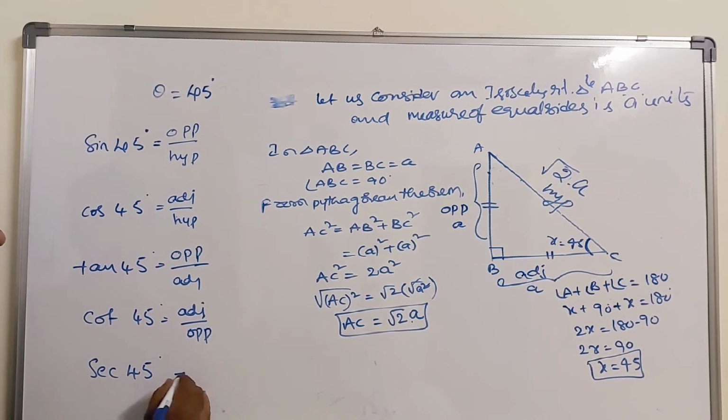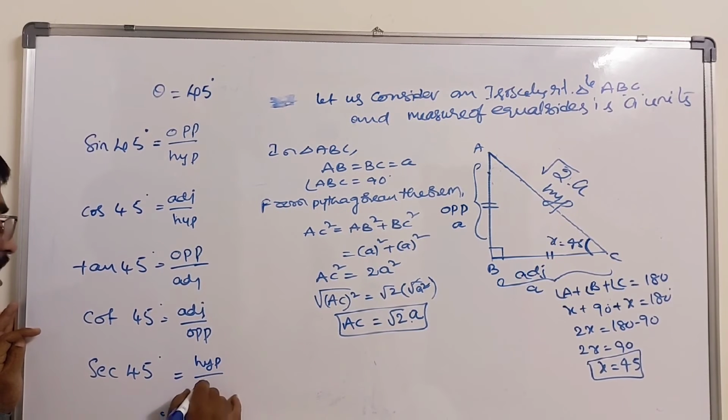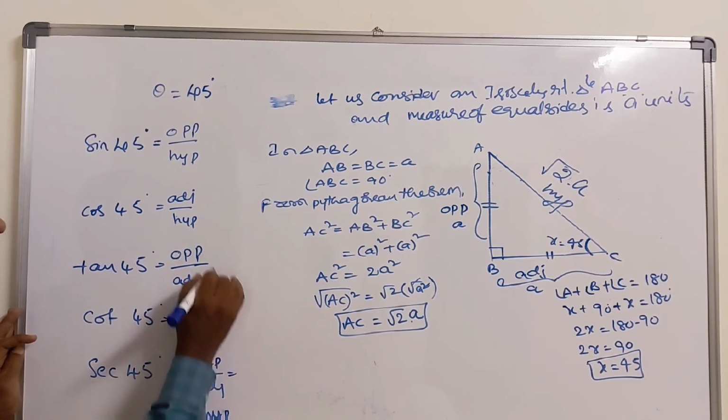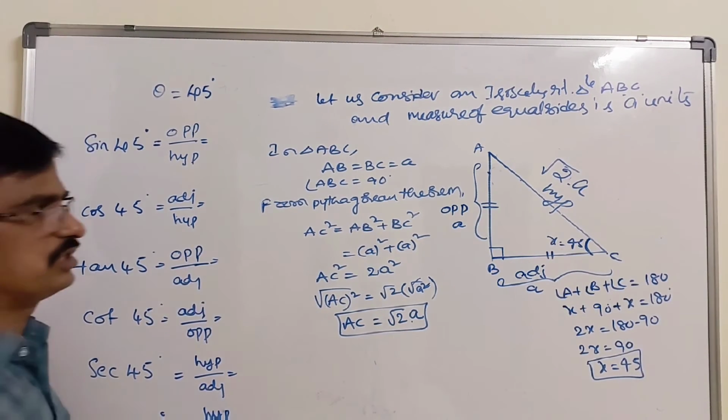Secant 45 is hypotenuse by adjacent side, and cosecant is hypotenuse by opposite side. Just replace the values and simplify, we get the values of the 6 trigonometric ratios for theta equal to 45 degrees.